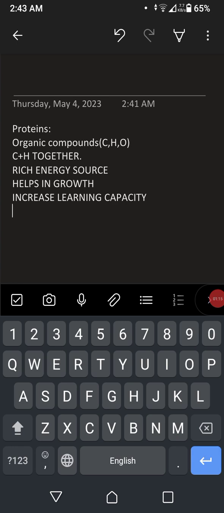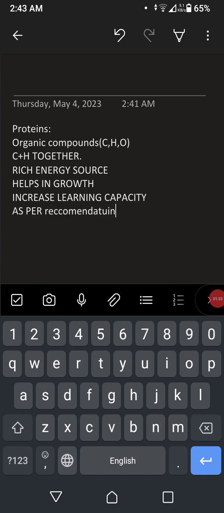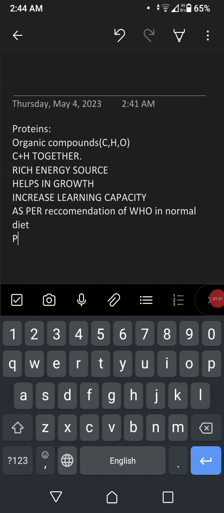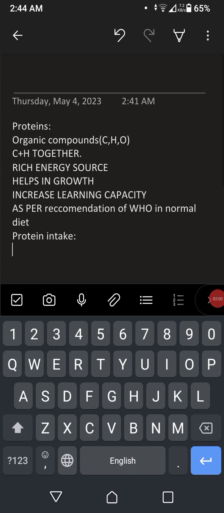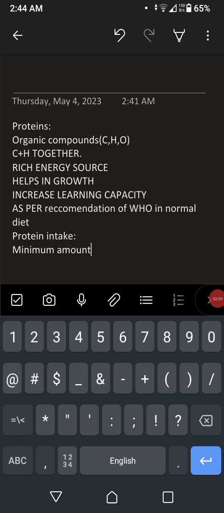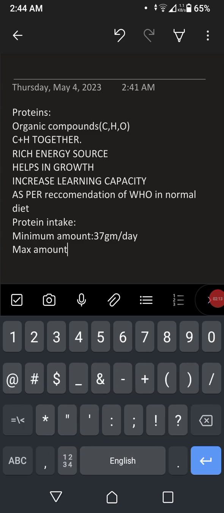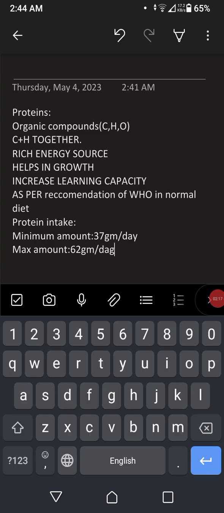According to the recommendation of the World Health Organization, in a normal diet, the protein intake minimum amount is 37 gram per day, and the maximum amount is 62 gram per day.